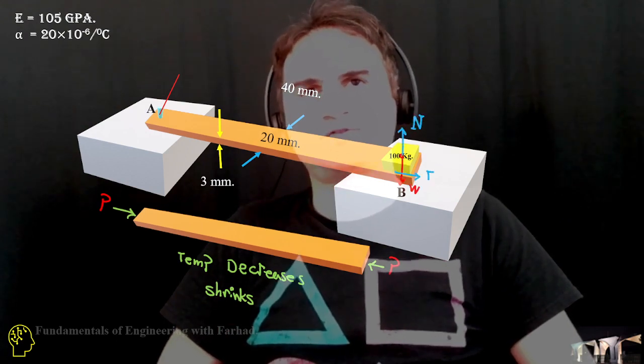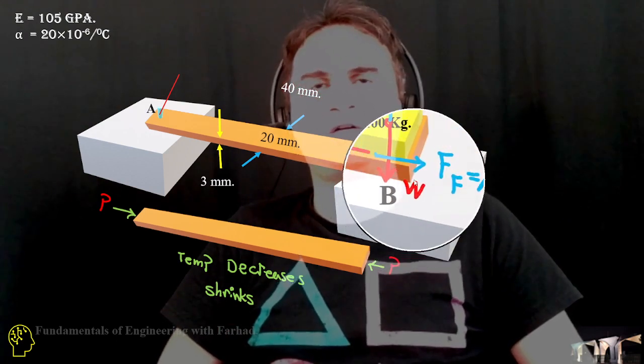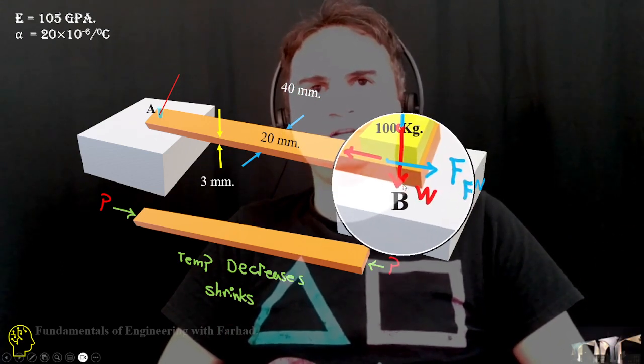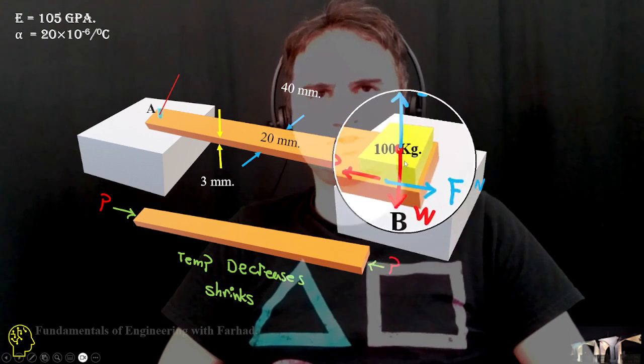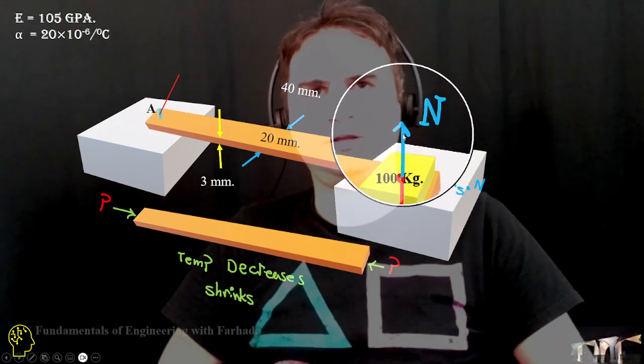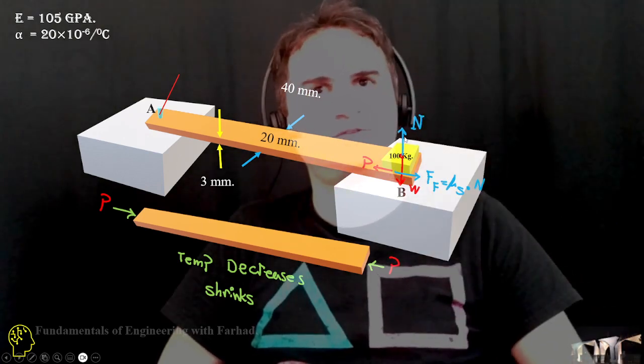If we draw the free body diagram of the B end of the bar, there is definitely a weight of this structure, 100 kg, applied to this support and a normal force in the opposite direction.